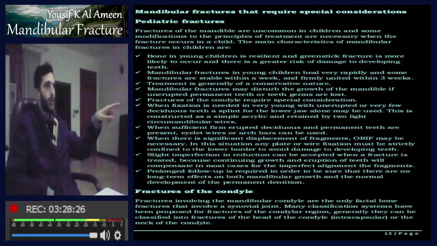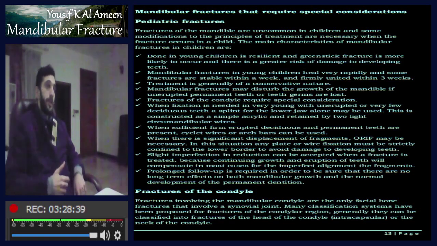Fractures of the condyle require special consideration when fixation is needed in the very young with unerupted or very few deciduous teeth. A splint for the lower jaw alone may be used.